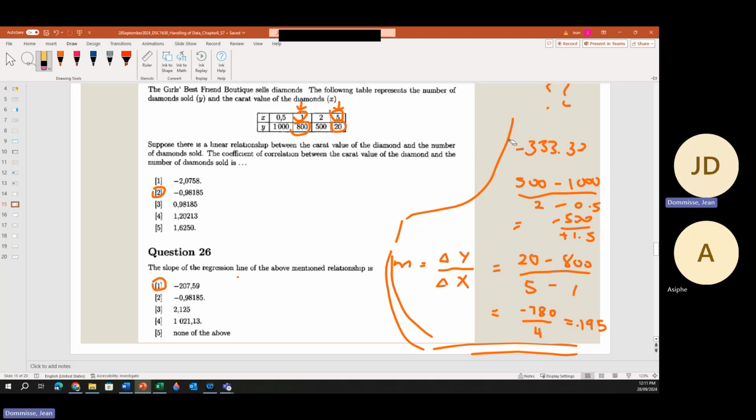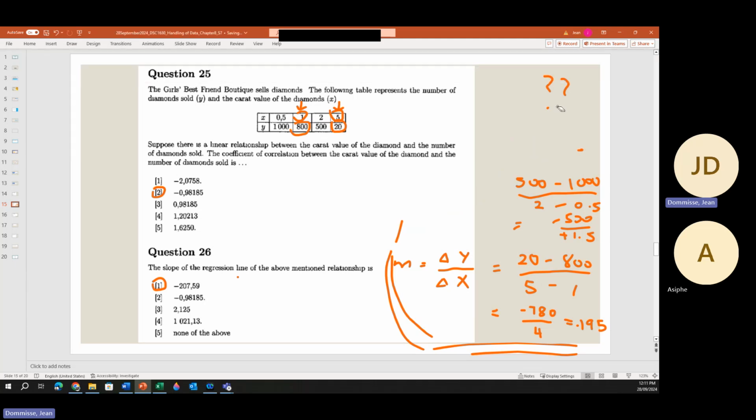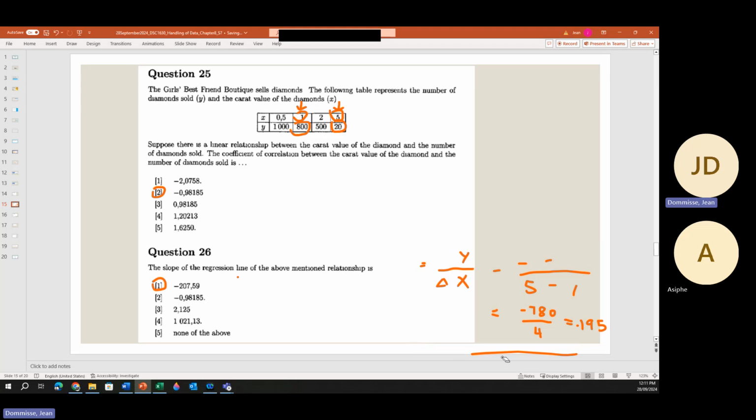I will check why this didn't work for you guys, so that we can look at a shortcut as well with the data.